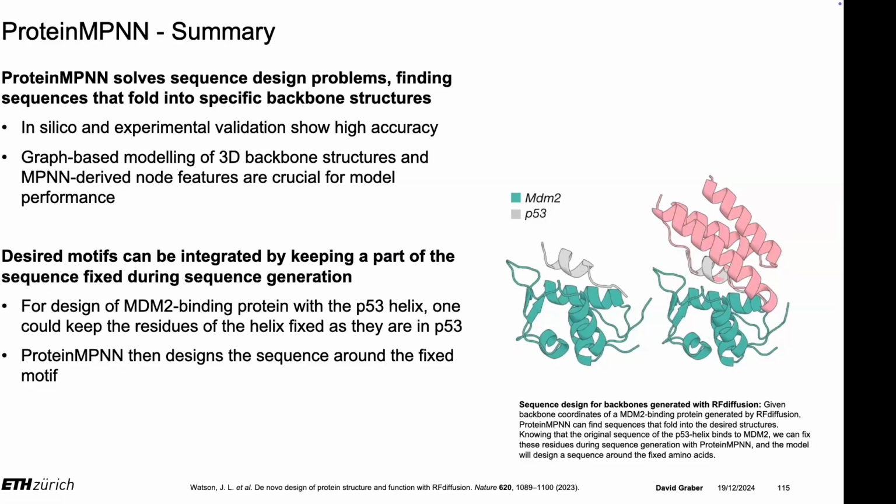It might be a good idea to use the same amino acids here as the original amino acids in p53, because we know that MDM2 binds to p53 and we want to keep it away from p53. So we just use the amino acids of p53 here. And then we can fix this part of the sequence. And then ProteinMPNN will just design the sequence around this fixed motif.